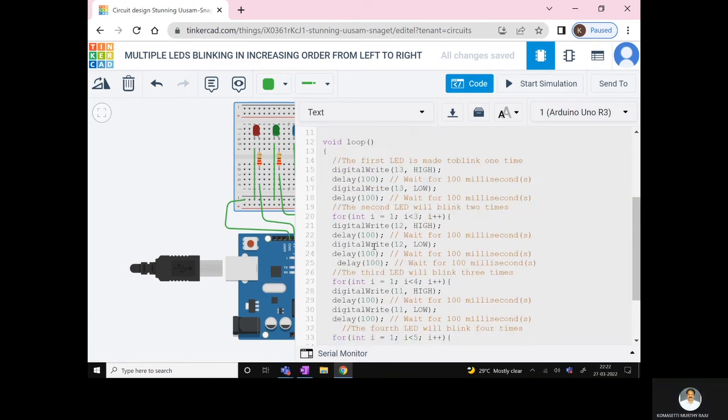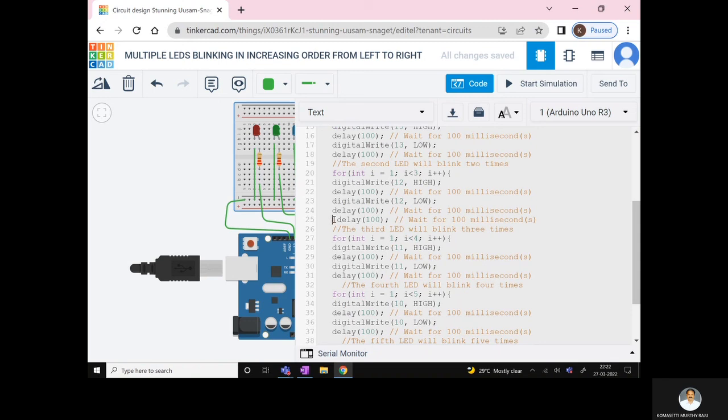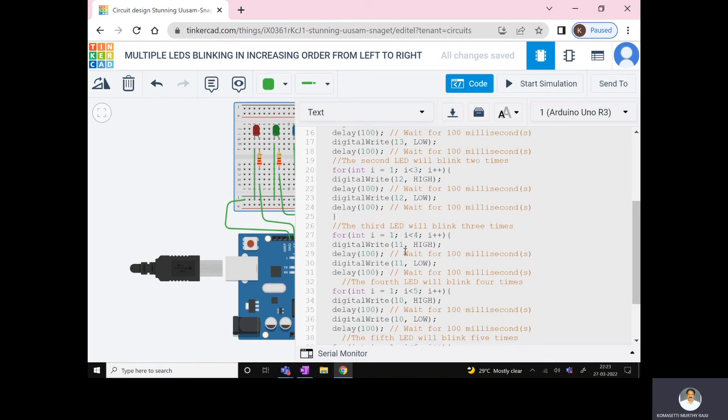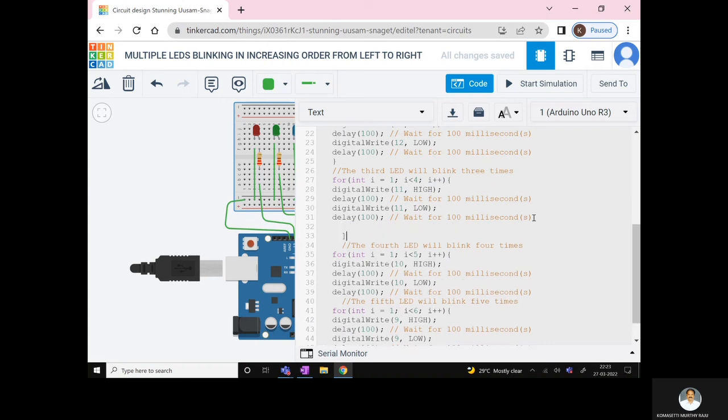Close. Here the third LED will blink 3 times. Close one.